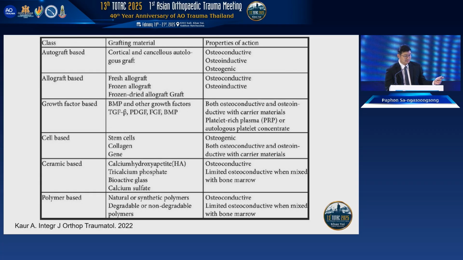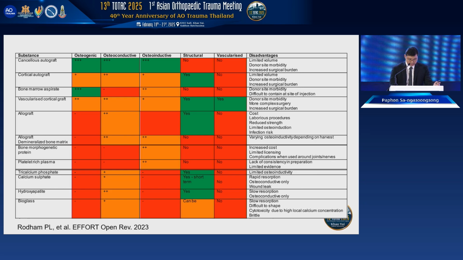Bone grafts can be classified into different types based on the substrate or material used, such as allograft, growth factor, cell-based, ceramic-based, and polymer-based. Today, I focus on the three types that are commonly used: allograft, growth factor, and cell-based. This is reviewed by open review. There are many types of graft, and I only put some in this table.